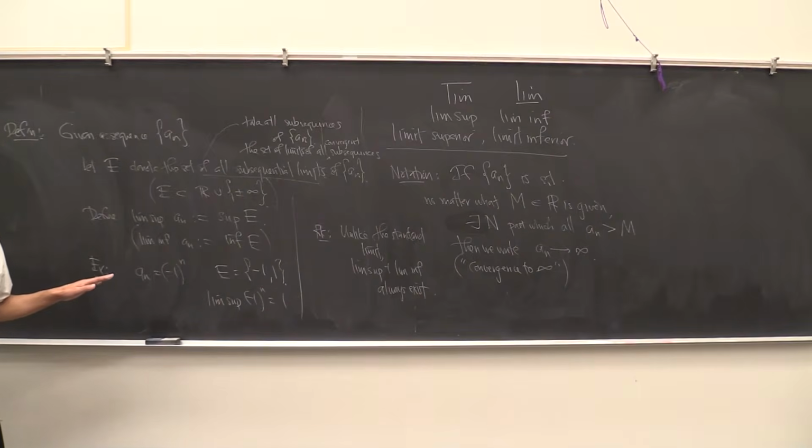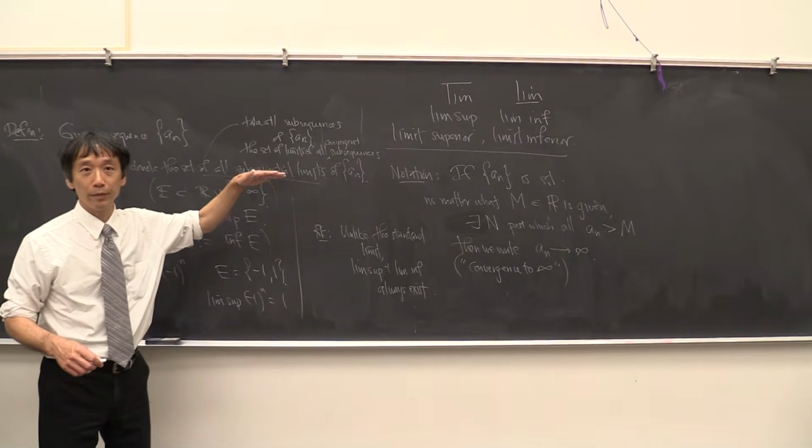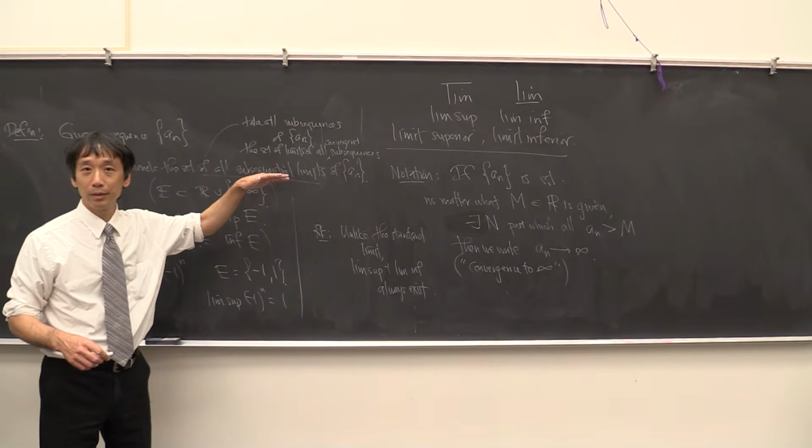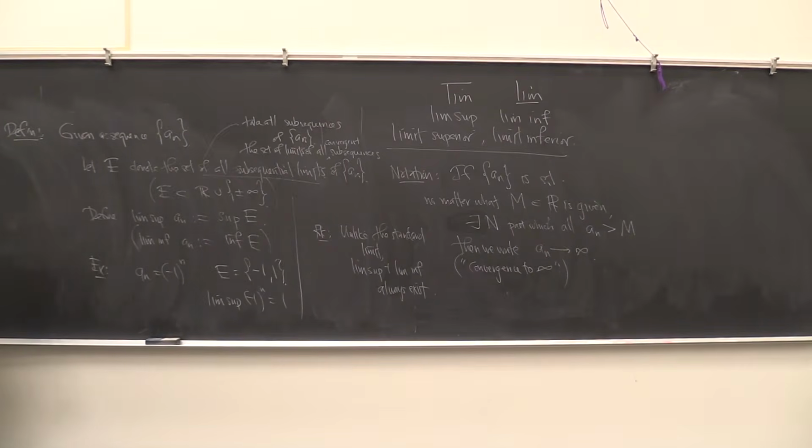Does that seem plausible? Why is that believable? Why do we know that this is always going to exist? Well, suppose you look at the collection of values of a sub n. I'll let you think about it. Think for a minute and see if somebody can explain it to me. Why does the lim sup always exist?